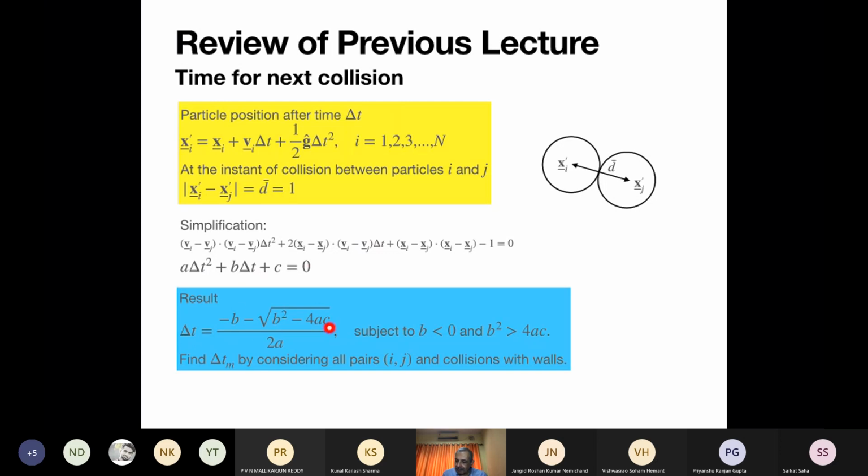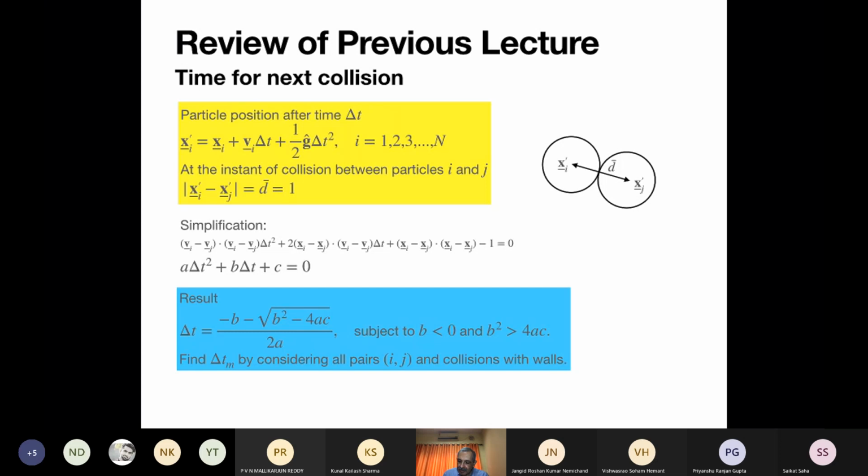Then you can calculate delta t, and a collision will occur only if b is less than 0 and if b squared is greater than 4ac.